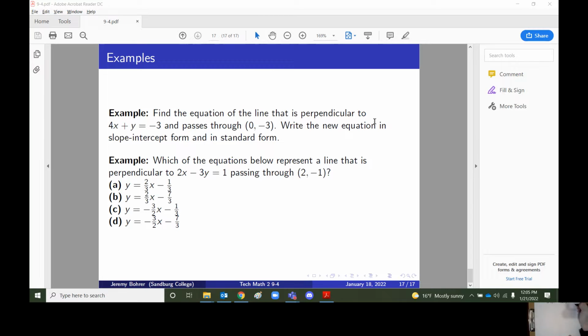There's y equals 2/3 x minus 1/3, y equals 2/3 x minus 7/3, y equals -3/2 x minus 1/3, and y equals -3/2 x minus 7/3. So let's take a look and figure this out.